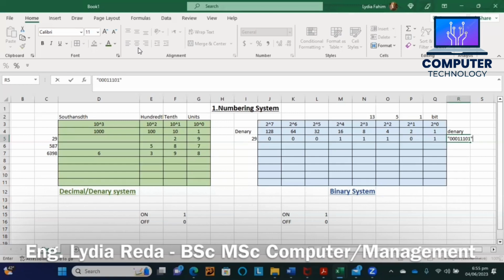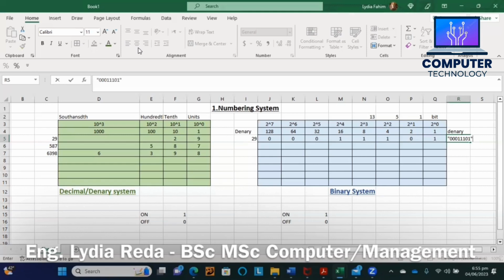This is how the computer will understand the 29. It will be 8 positions of 8 lamps, which we call 8 bits.